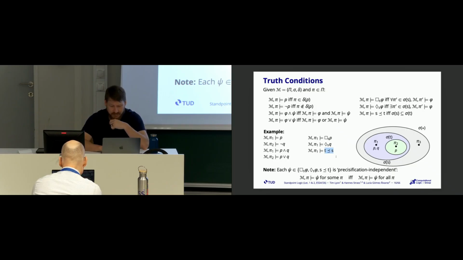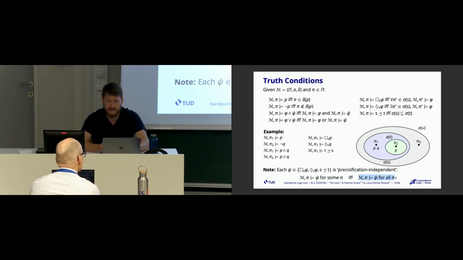All right? Now one thing to point out, which actually relates to why propositional standpoint logic and other standpoint logics have a low complexity, is that these three standpoint expressions, the boxes, the diamonds, and also the sharpening statements, have a particular property, which is that they are precisification independent. If they hold at some precisification, then these formulae also hold at every precisification.